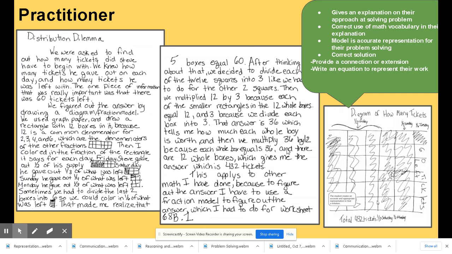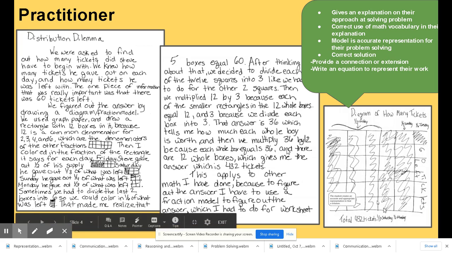Okay, so if we go to the practitioner, you see how much the practitioner writes too. They give an explanation on how they went ahead and solved the problem. They used math vocabulary in their explanations. The model that they used is correct. They have the appropriate solution.